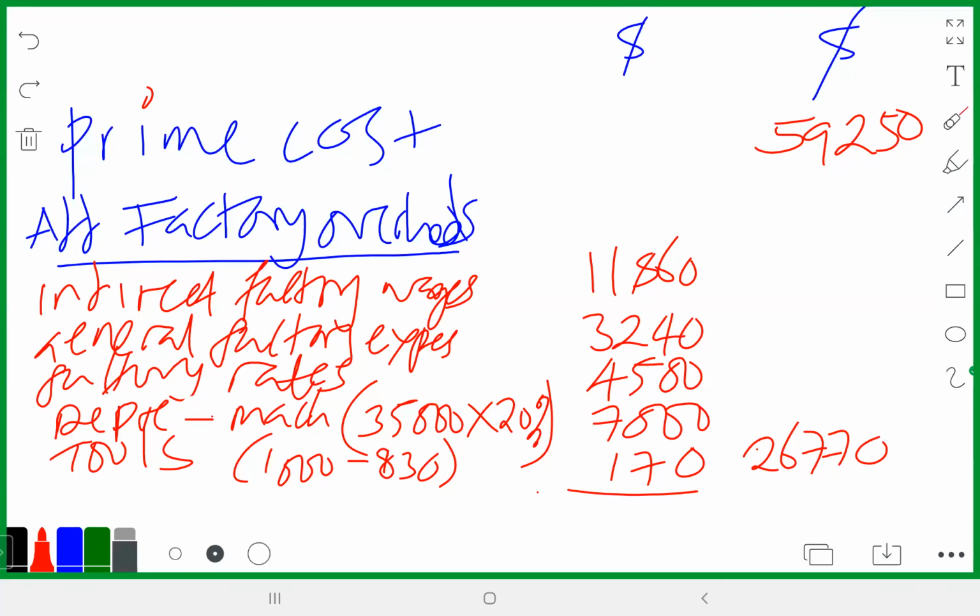This figure is to be added to the prime cost since we are adding all the costs. So you can add that to the prime cost.